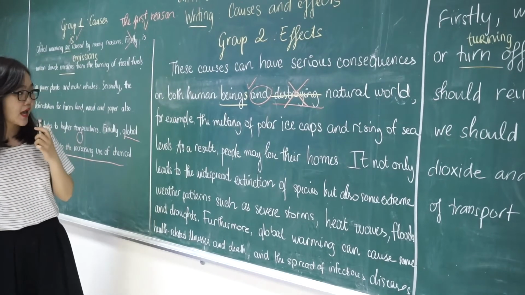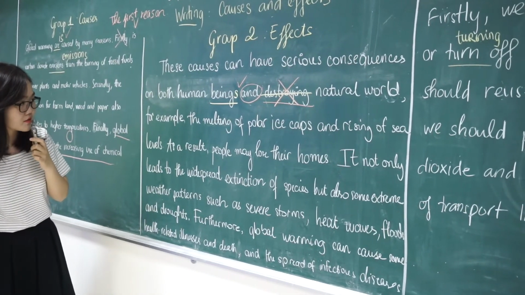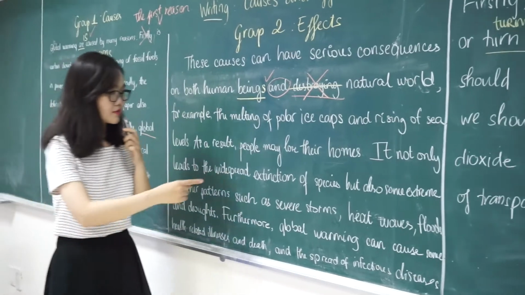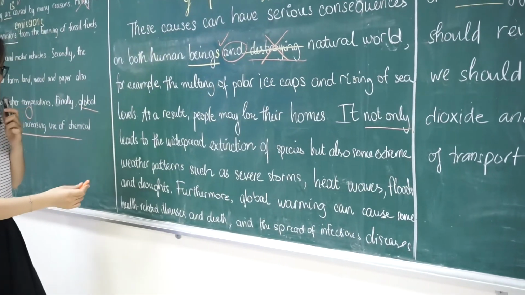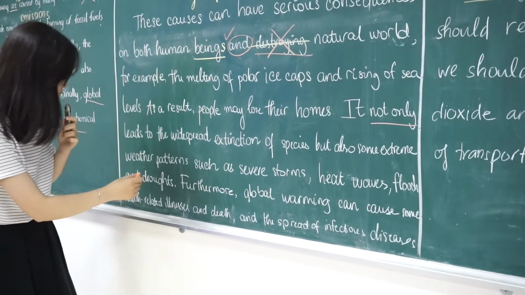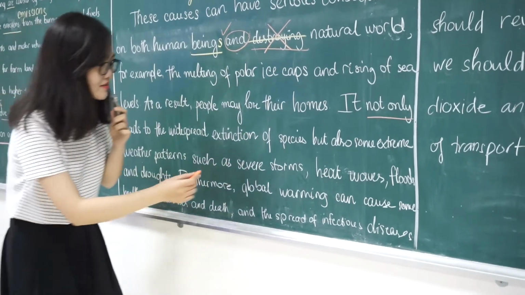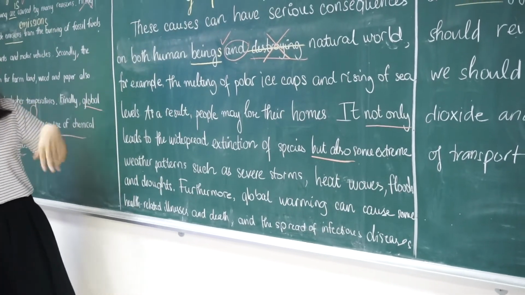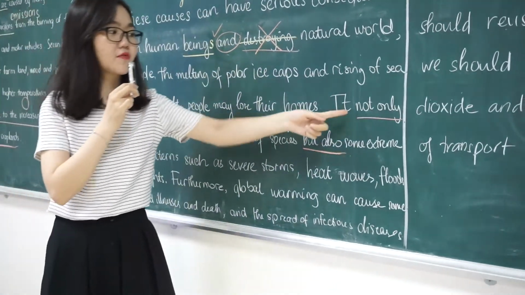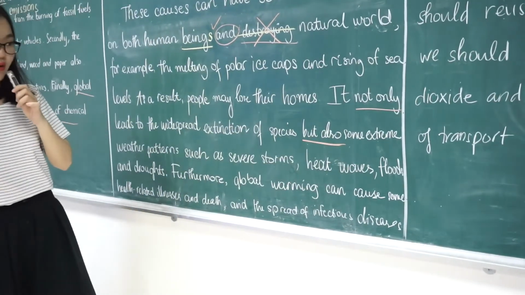Okay? And next sentence, good. But this one has a mistake about parallelism too. Not only, but also. Sorry, I see it here. Okay. So I really appreciate your use of this phrase because it's very good.